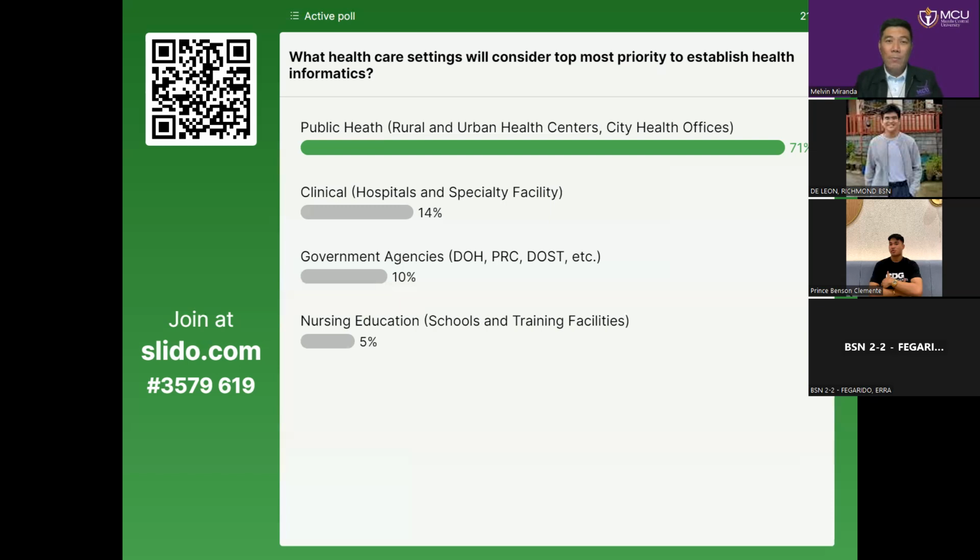So I think if we have an established health informatics system in the rural and urban health centers, the doctors in the hospital, such as the clinical, can access the information already coming from the rural health units.